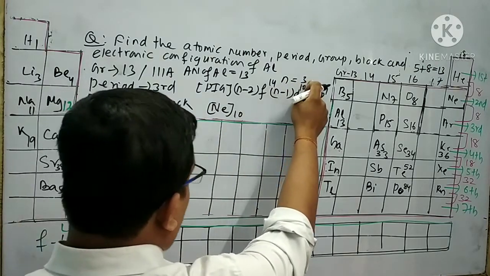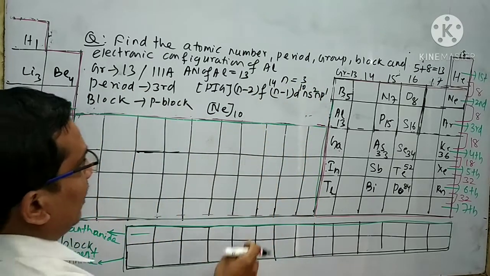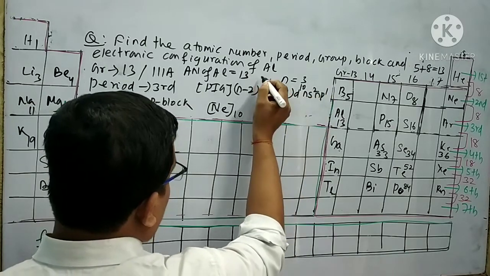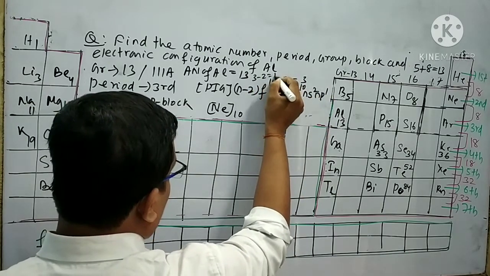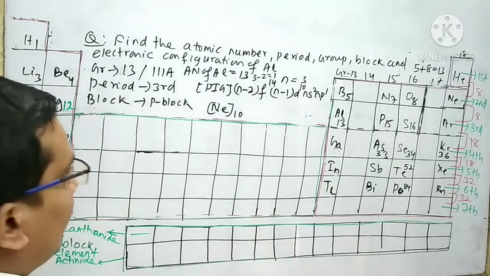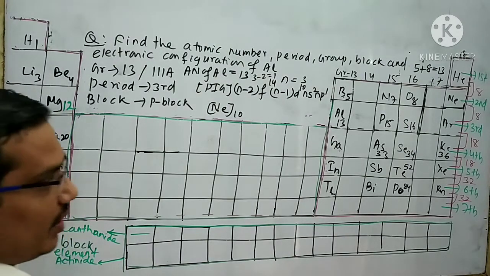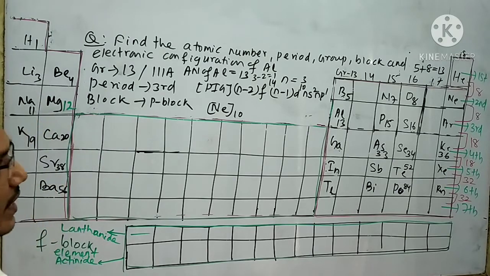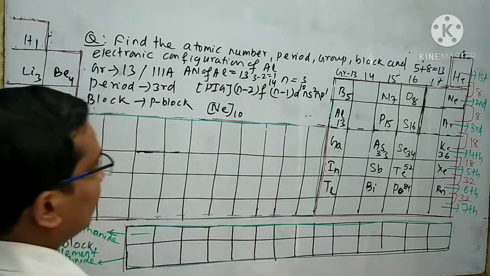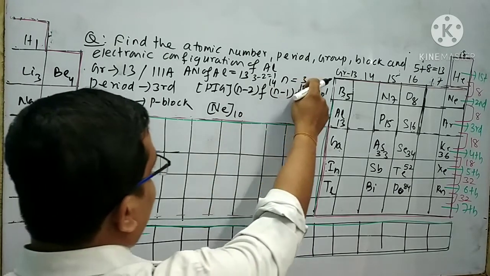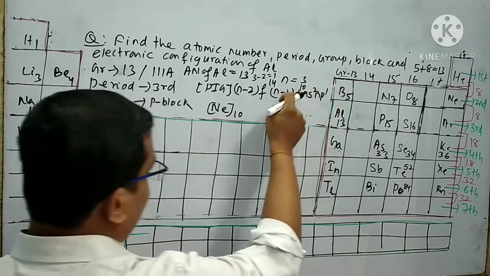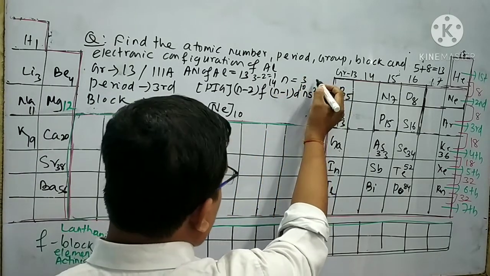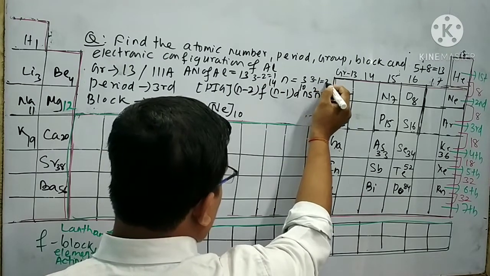Put the value of n equal to 3 here. Then I can write 3 minus 2 equal to 1. That means I want to think about 1f14, but 1f orbital is not possible. So I cannot write here 1f14. Now put the value n equal to 3 here. Then I can write 3 minus 1 equal to 2.